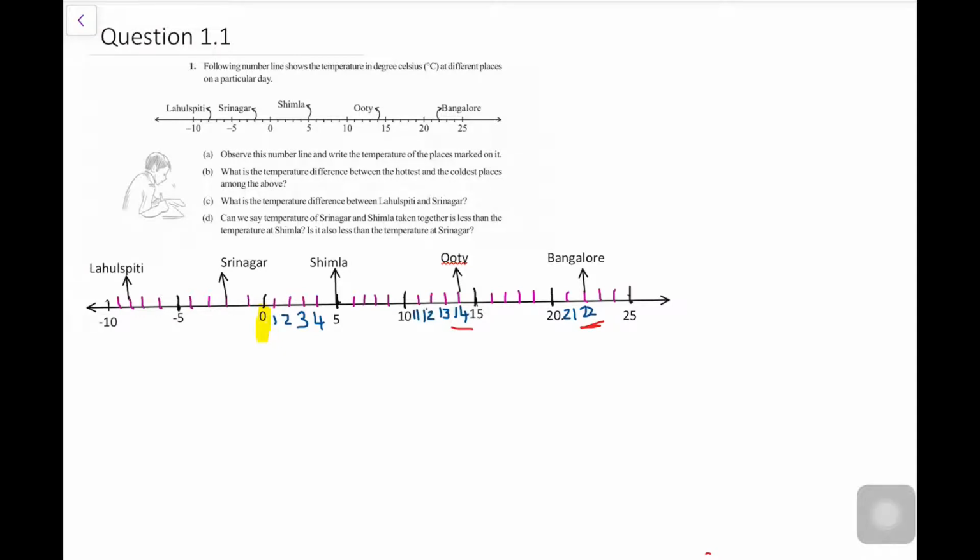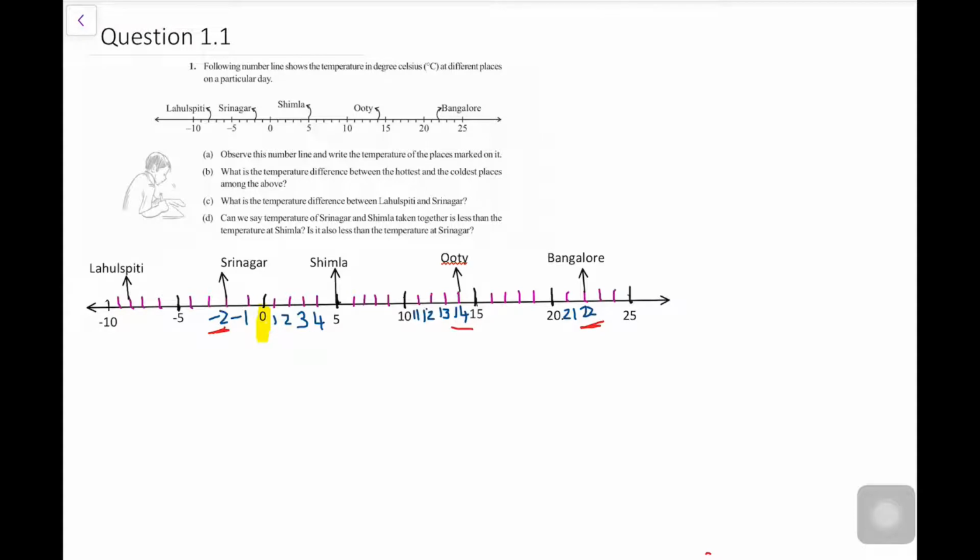Now coming to the left side, you mark negative numbers as we have already mentioned. When you mark towards the left after 0, you have -1, -2, and hey, you can stop there because -2 corresponds to Srinagar. So you have got the temperature of Srinagar now.